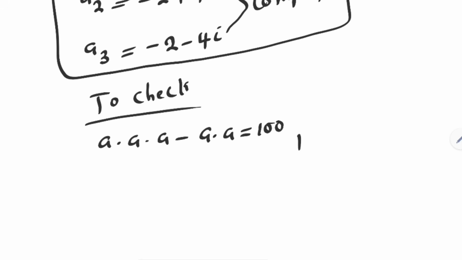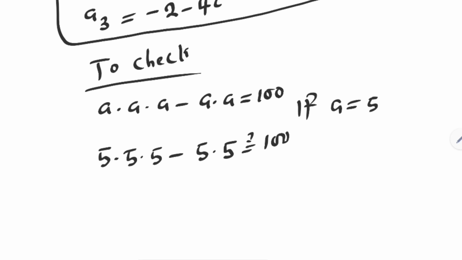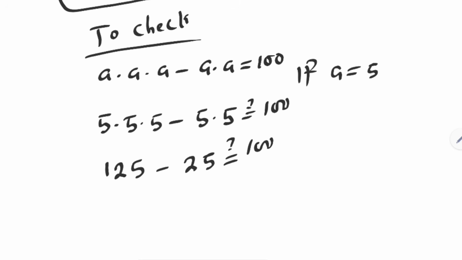Then if a is equal to 5, this is 5 multiplied by 5 multiplied by 5 minus 5 multiplied by 5, which must be equal to 100. This is 125 minus 25, which must be equal to 100. And of course, 125 minus 25, this is 100, is equal to 100, which is true.